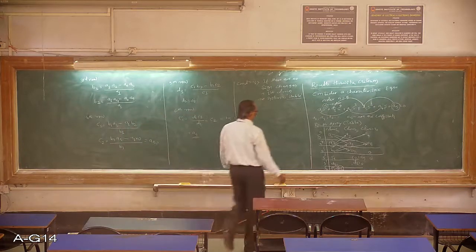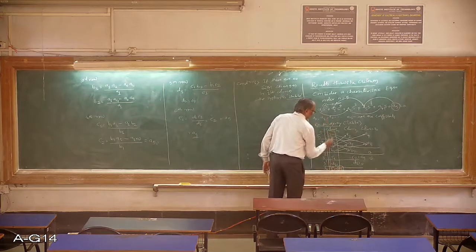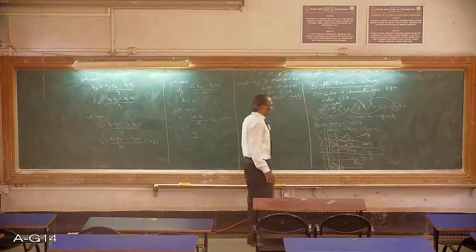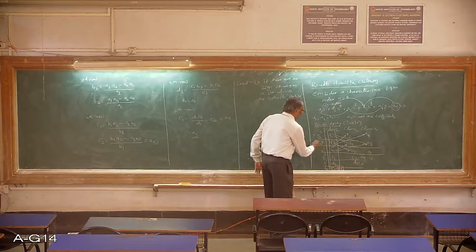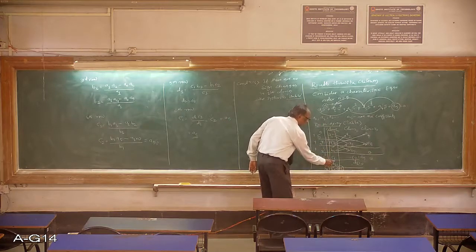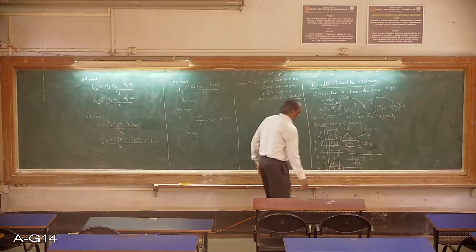Say, for example, the first column elements are A0, A1, B1, C1, D1, E1. A0 is positive, A1 is positive, B1 is positive, C1 is positive, D1 is positive, E1 is positive.